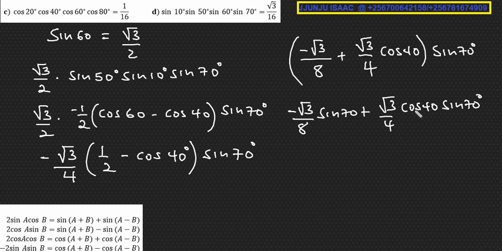Alright, so there is a product here, cosine and a sine, we shall subtract. So this is going to be negative root 3 out of 8 sine 70 degrees.